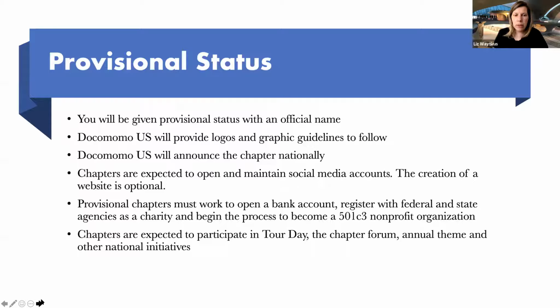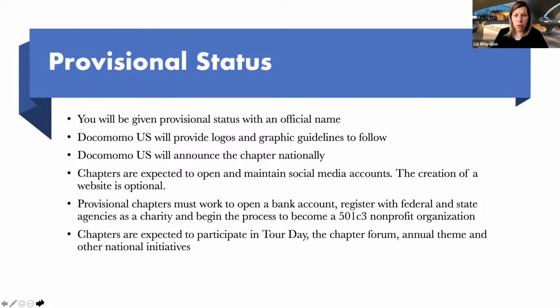Once you have gone through the process of those 6 steps, we would then give the chapter provisional status. We would approve an official name. We would provide you with logos and graphic guidelines to follow. We would announce the chapter nationally.